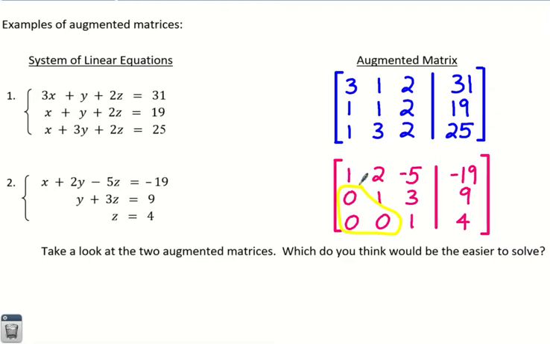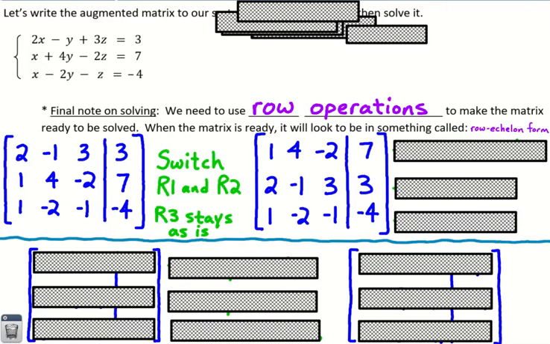Now, on a side note, there are other combinations of 3 zeros that would allow you to start solving for y or x, but as a rule, just to keep things consistent, we're going to go with a 0 in these 3 spots. So the first step we need to do in order is make a 0 in this spot and a 0 in this spot.